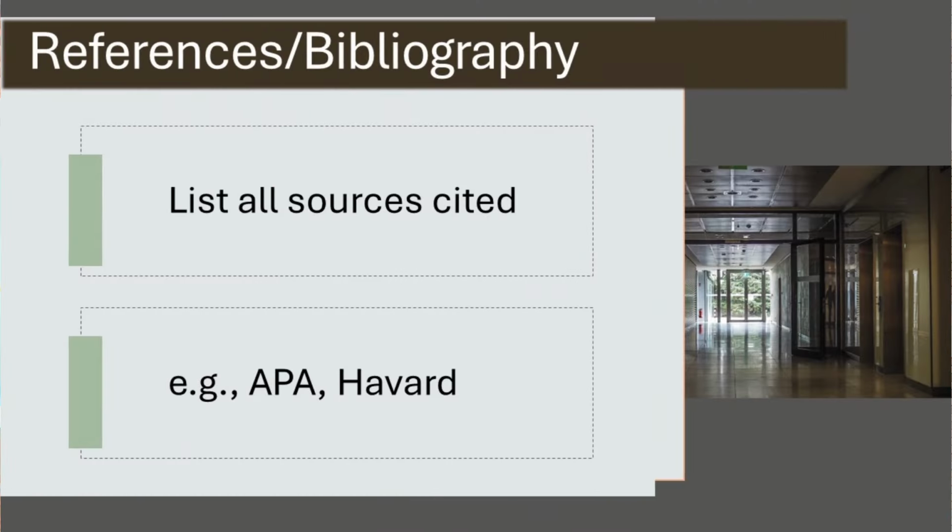And finally, you have the references or bibliography section. List all the sources cited. You need to use the recommended referencing style. Some universities will recommend an APA referencing style, or Harvard. There are quite a couple of software tools that can help you to provide a proper reference listing.